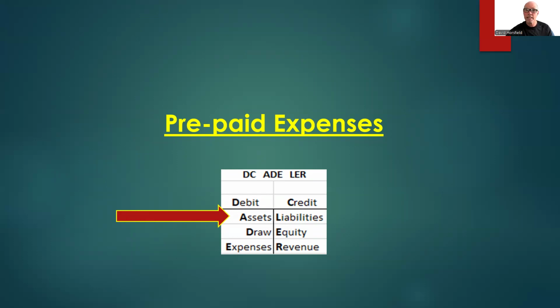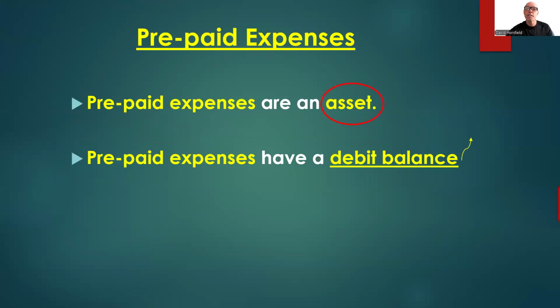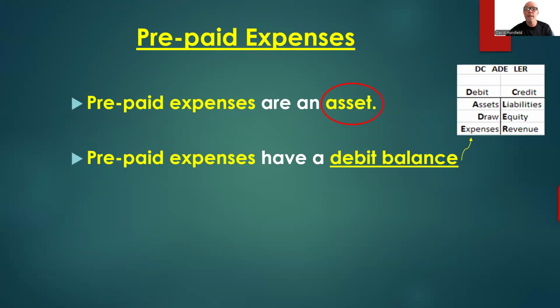And that's going to help us understand where we place them in the journal entry process. Since they're an asset, prepaid expenses have a debit balance on the DC Adler grid. Expenses and assets live on the debit side.